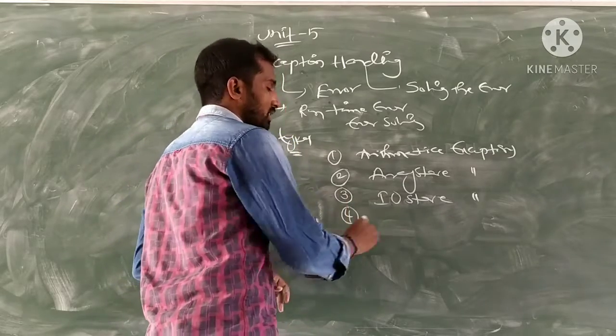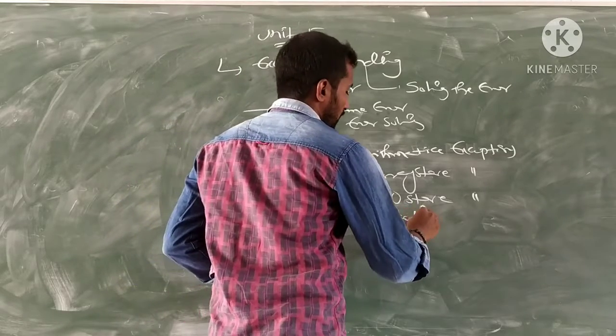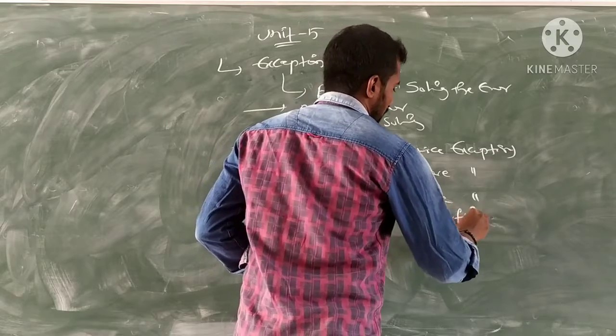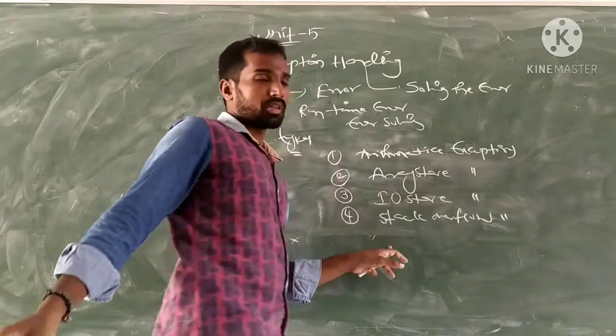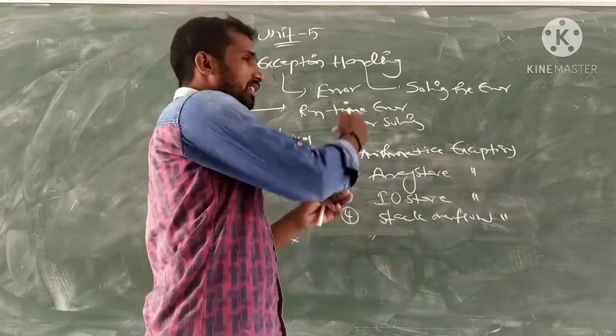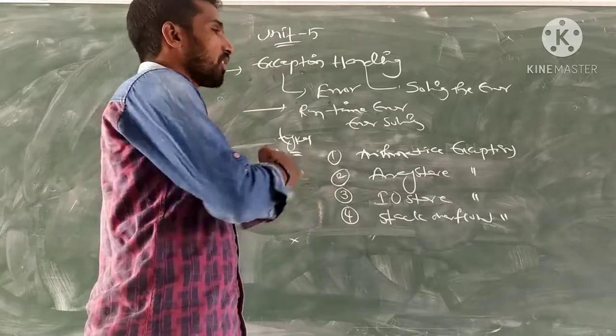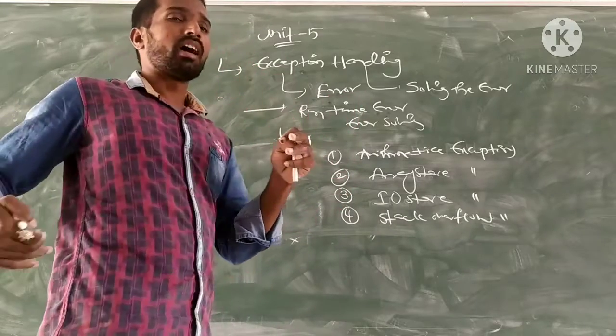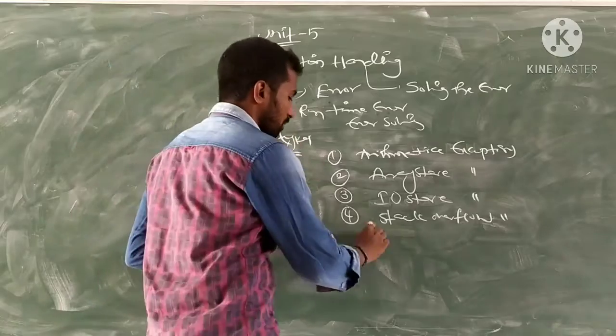The fourth one is the stack overflow exception. A stack is first in, first out: the first one inserted is the first one removed from the stack. Overflow means the stack is full.